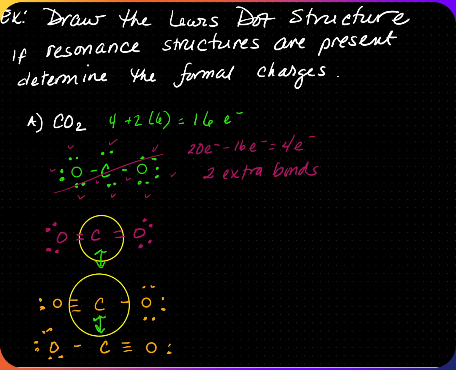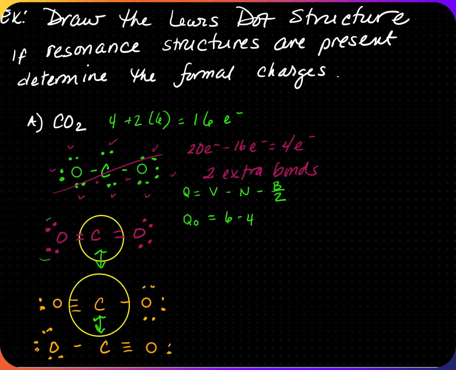So now we're going to find the formal charge. Formal charge Q is equal to V, valence electrons, minus the non-bonded electrons minus the bonded electrons divided by 2. For the oxygen, I only need to do it once because it's symmetrical. It looks the same. So oxygen has 6 valence electrons. It has 4 non-bonded electrons.